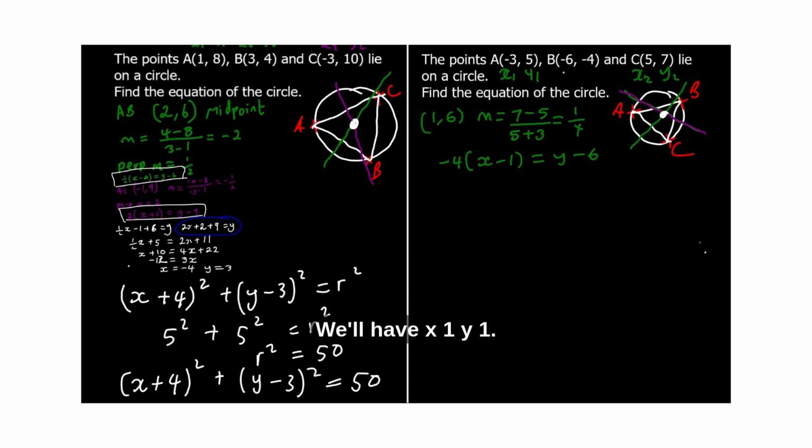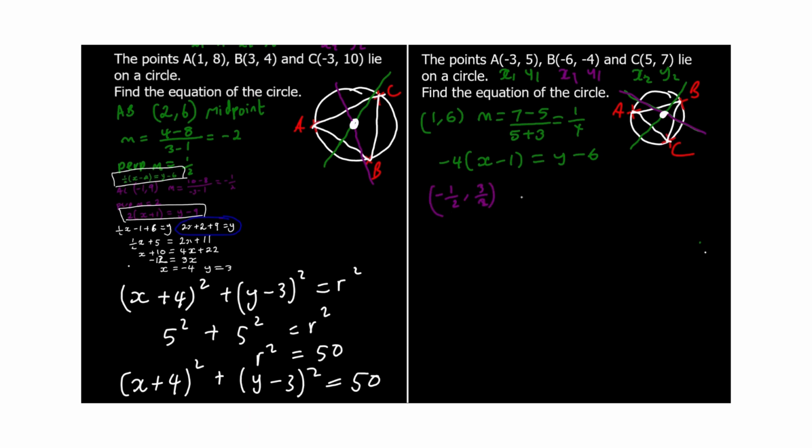For BC, we'll have x1, y1, x2, y2. The midpoint will be at -1/2. 4 and 7, that's 3/2. And 1.5, 3/2. That's the midpoint.